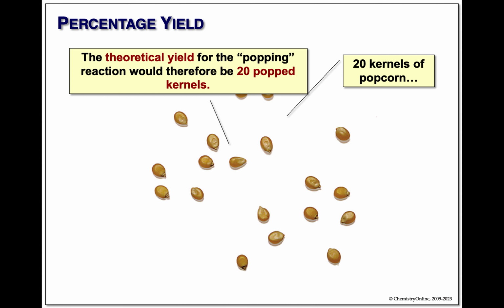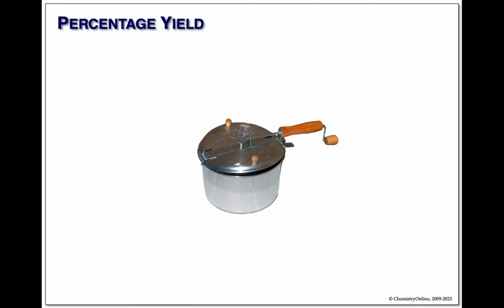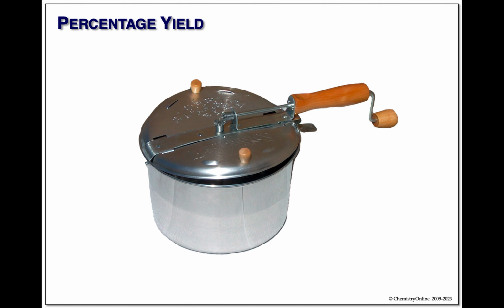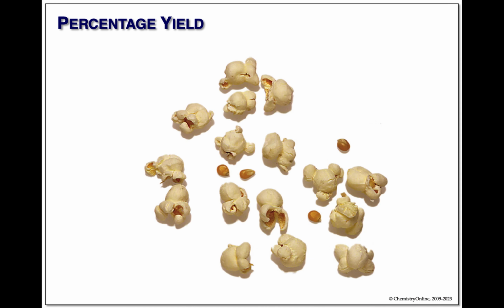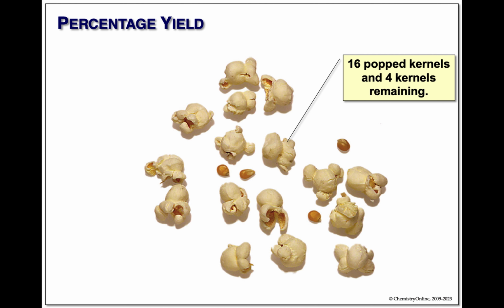We take this, put it in our little pot, and pop it. That's about 20. Now we're going to dump this out, and that's what we get. I see 16 popped kernels and 4 that did not pop.